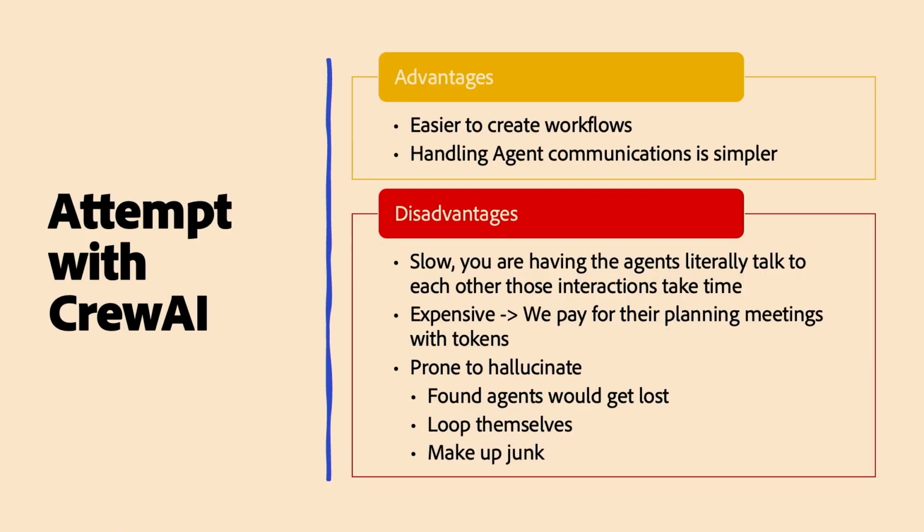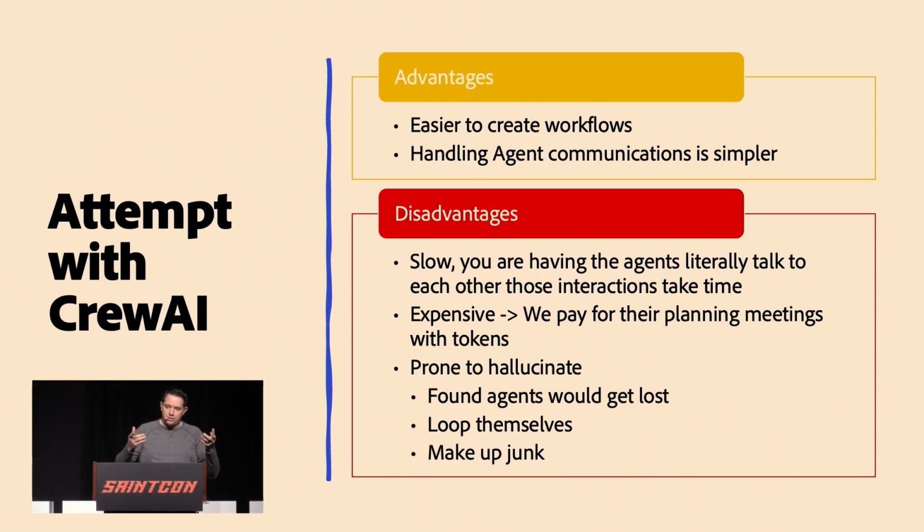The advantage there was it was easy to create a workflow. I mean, you got agents to do work, and if you fiddled around with it enough, you could get some good results. The disadvantages, though, was, first of all, it was slow. You're basically having these agents talk back and forth. It's almost as if you're looking at a mini department in your company trying to work together.